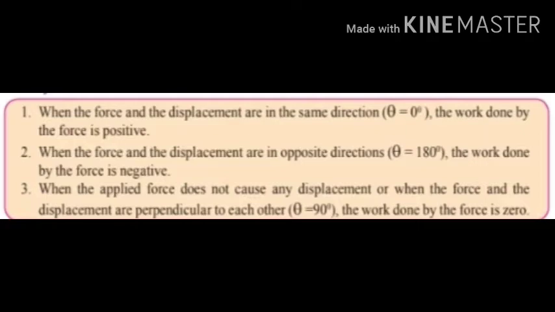When the force and the displacement are in opposite directions, theta is equal to 180 degree, the work done by the force is negative. And last, when the applied force does not cause any displacement, or when the force and the displacement are perpendicular to each other, theta is equal to 90 degree, the work done by the force is 0.